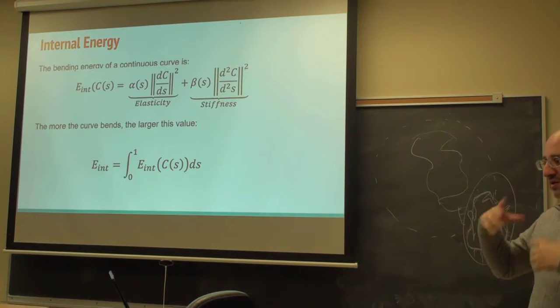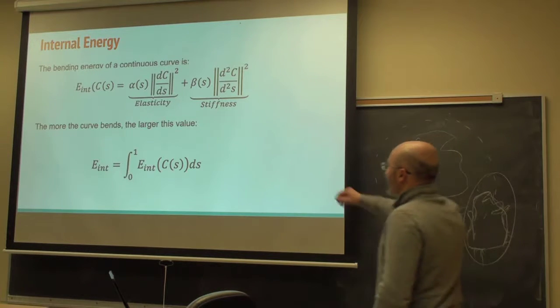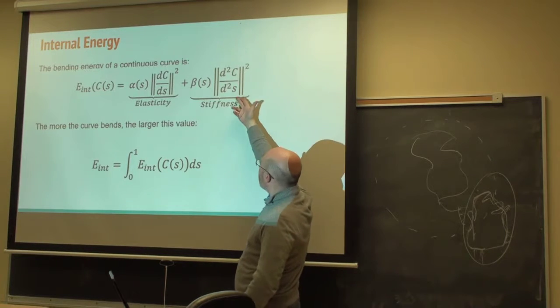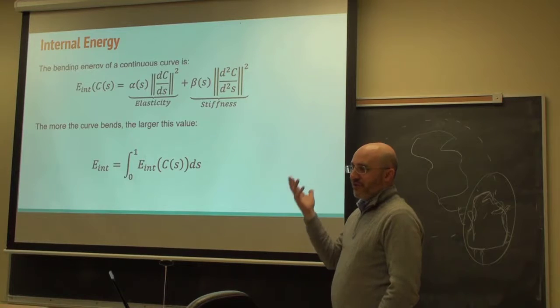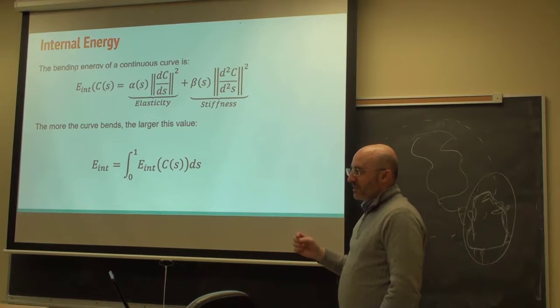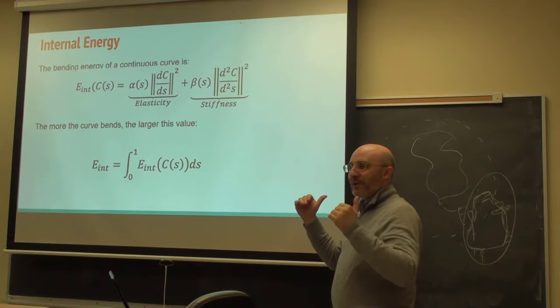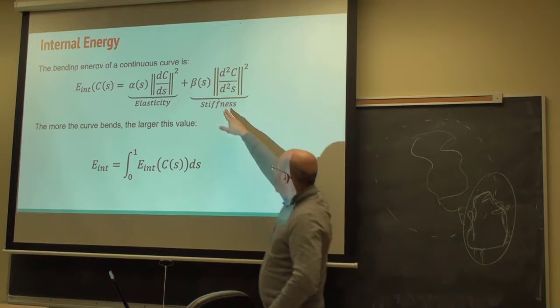This is basically second derivative minimization, which is exactly what you have here as stiffness. So this is the bending force. You want to minimize the second derivative of the curve. You don't want high curvature, okay? So you want to minimize that stiffness.